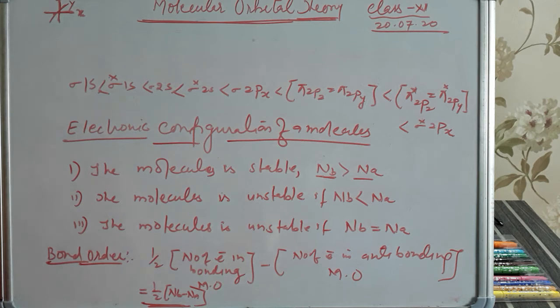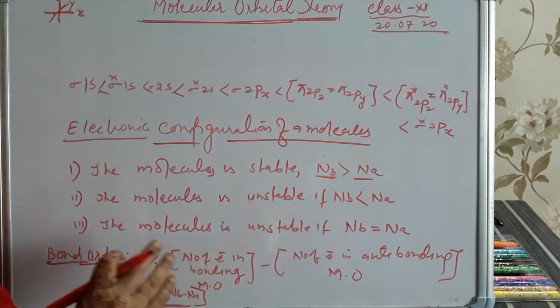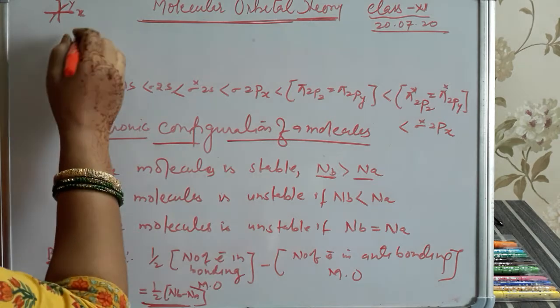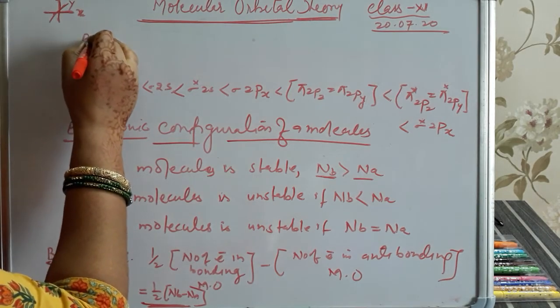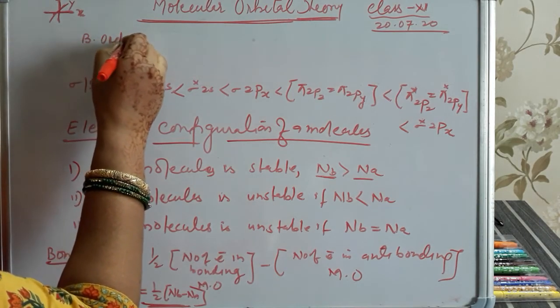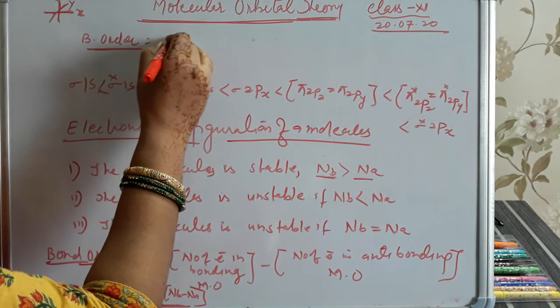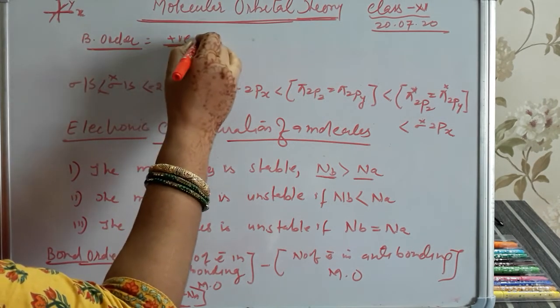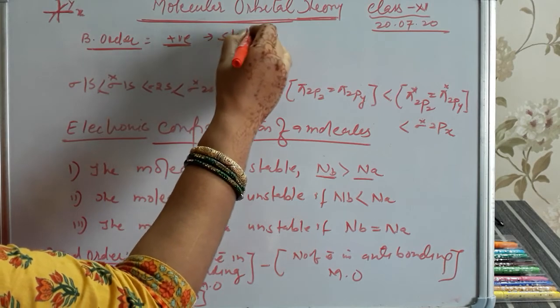The bond order conveys the following important information, students. If the value of bond order is positive, it indicates a stable molecule, and if the value of bond order is negative or 0, the molecule is unstable and it is not formed. So if bond order is positive, the molecule is stable.